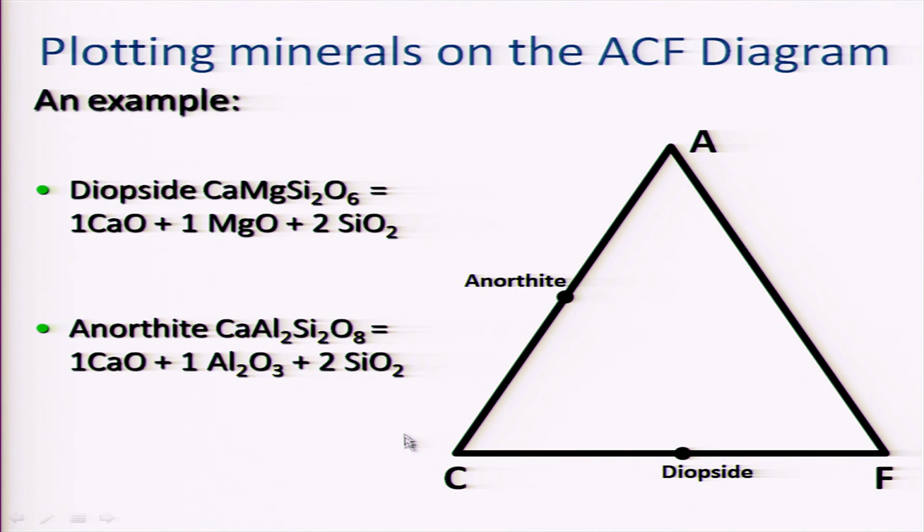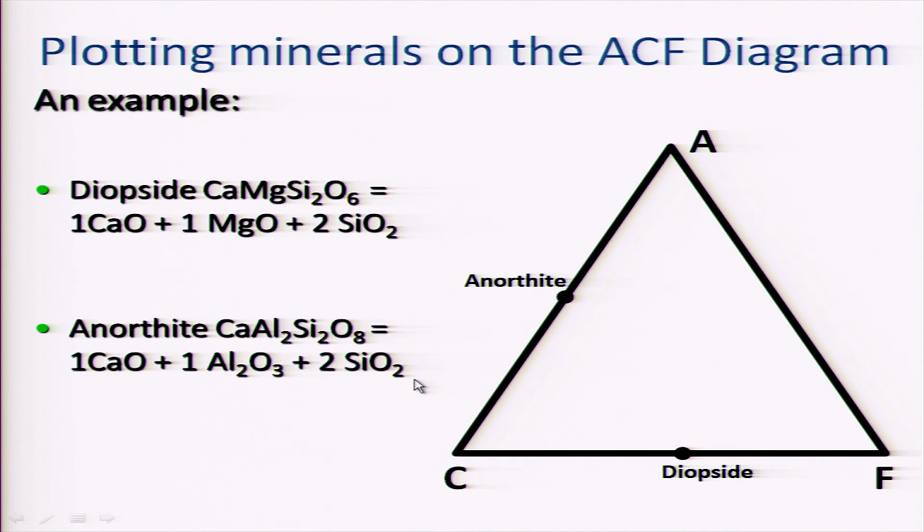Therefore, it will plot on the AC line, which has F equal to 0. In a similar fashion, when we calculate the value of the C component, it is 1 divided by 0 plus 1 plus 1, that is half, and anorthite also gets plotted midway. This way we can plot any number of minerals with actual compositions.